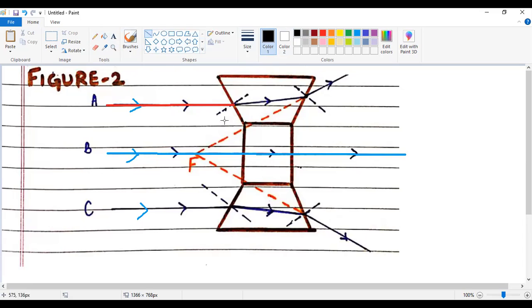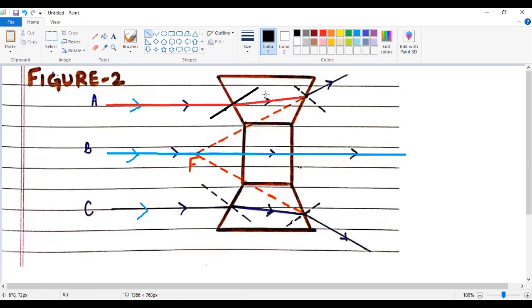of the prism, let us first draw a normal on the first face of the prism. The ray of light A will bend towards the normal. Why? Because the light is going from rarer to denser medium.